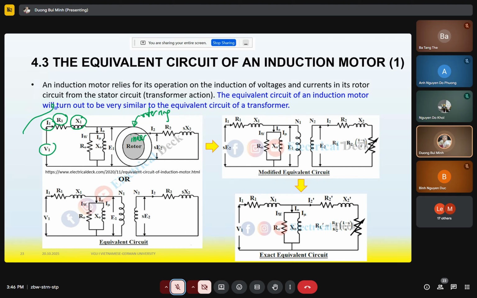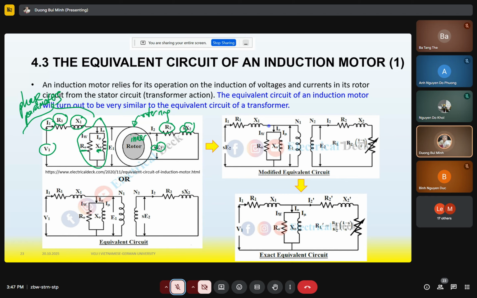This is a phase parameter. This is the magnetic circuit, with reluctance and magnetization reactance. And for the rotor, we have rotor resistance, rotor reactance, slip, and rotor induced voltage.